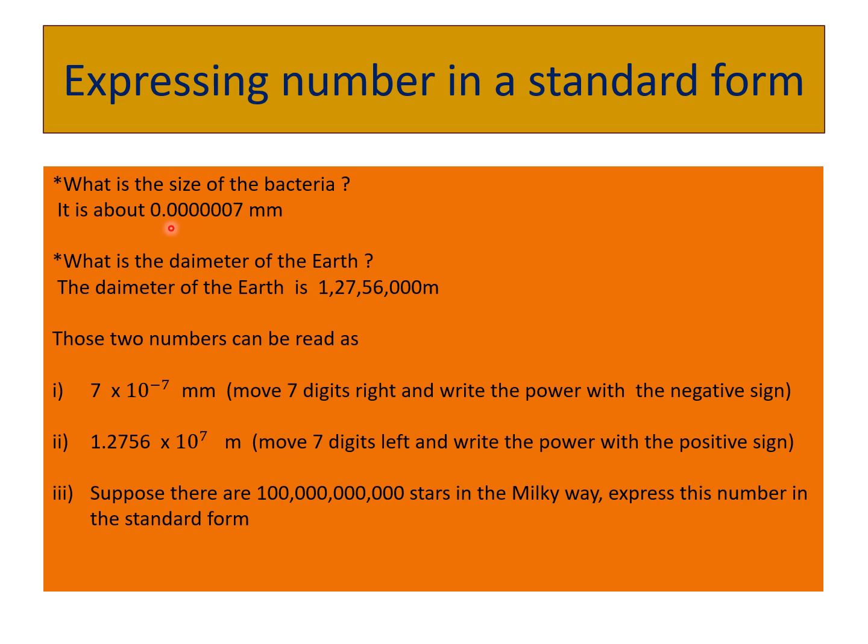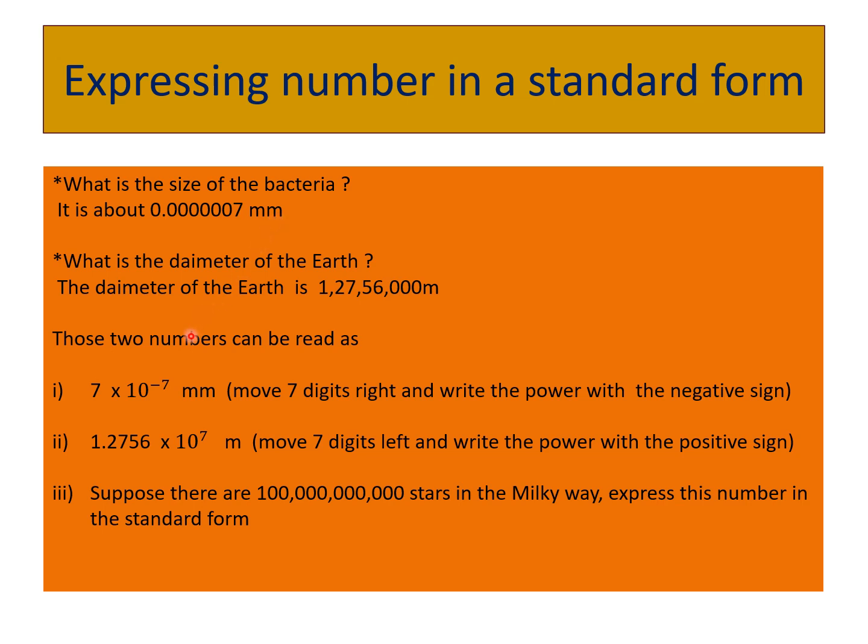Now I am going to move to the right: 1, 2, 3, 4, 5, 6, 7. After 7, I can write this as 7 into 10 to the power minus 7. If I move to the right, I'll write the power with a negative sign. So the number is 7 into 10 power minus 7, moving 7 places to the right side of the number. This is for the size of the bacteria.